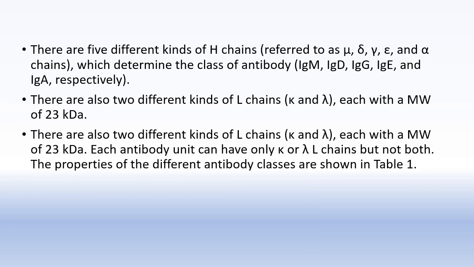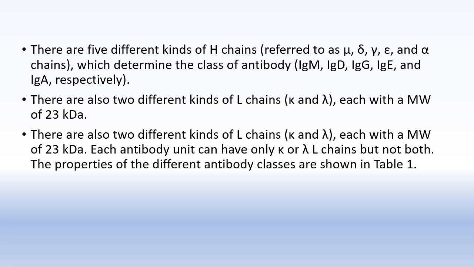There are 5 different kinds of H chains referred to as mu, delta, gamma, epsilon, and alpha chains, which determine the class of antibody: IgM, IgD, IgG, IgE, and IgA respectively.